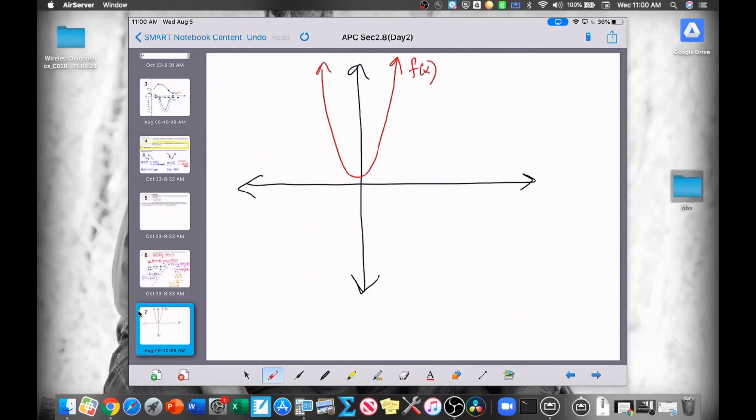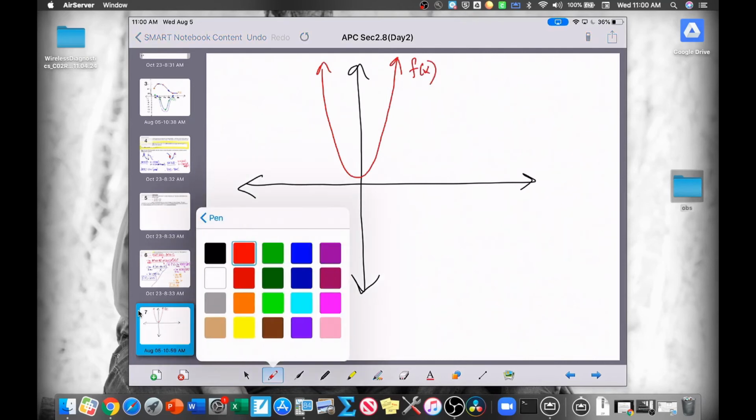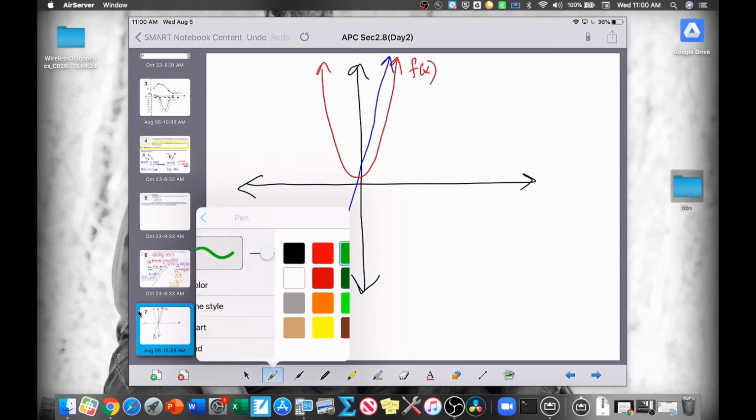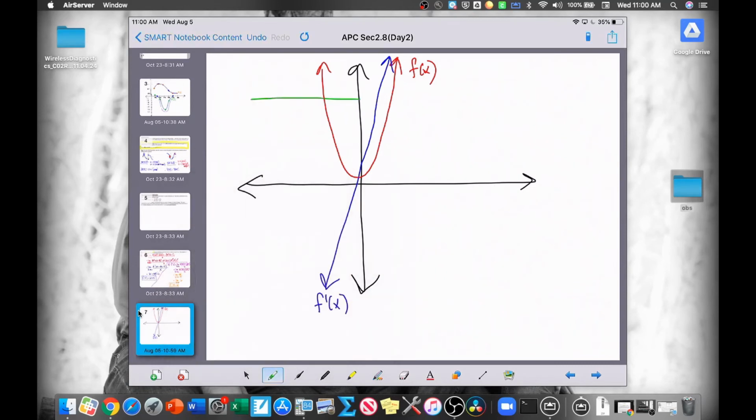We had our first derivative, f prime of x, which was a linear function. And we had our second derivative, f prime prime of x, which was a horizontal line.